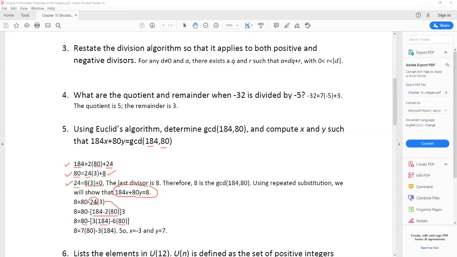And then I have minus 3 times 184. So 8 can be written as 7 times 80 minus 3 times 184. Therefore, our value for x would be -3, and our value for y would be 7. So I can express the GCD as a linear combination of 184 and 80.